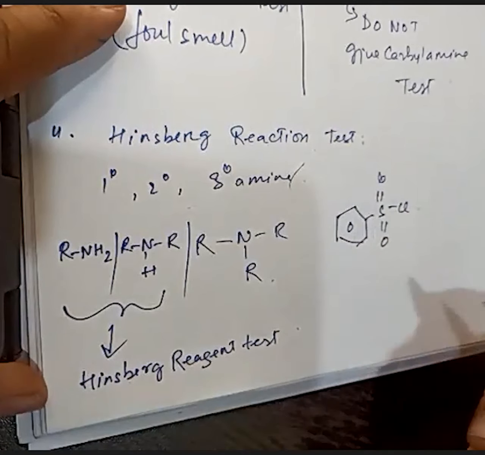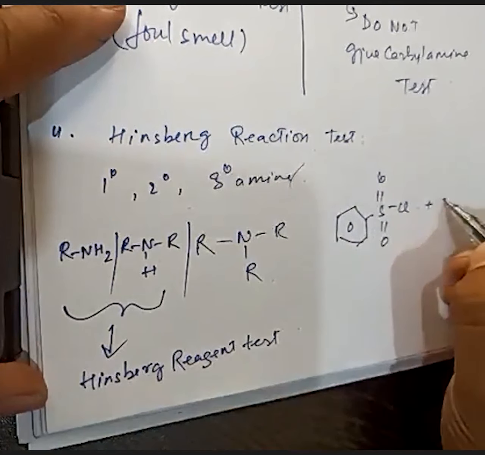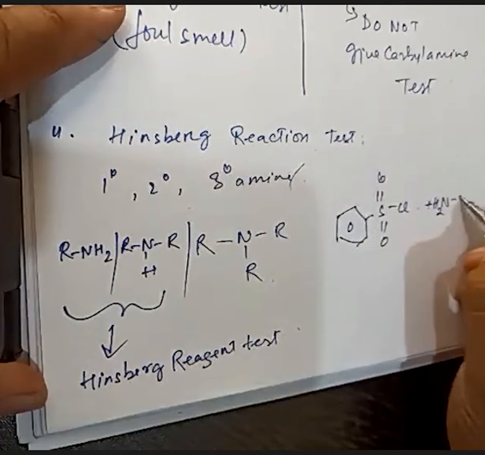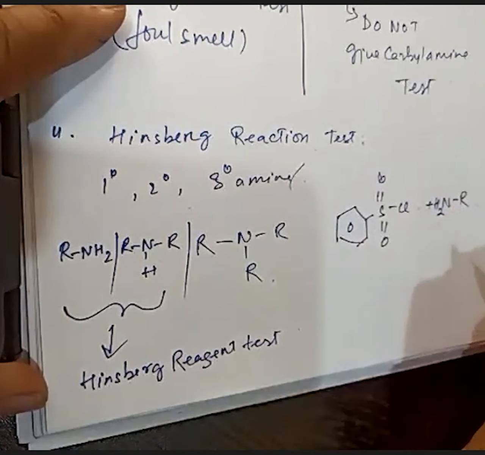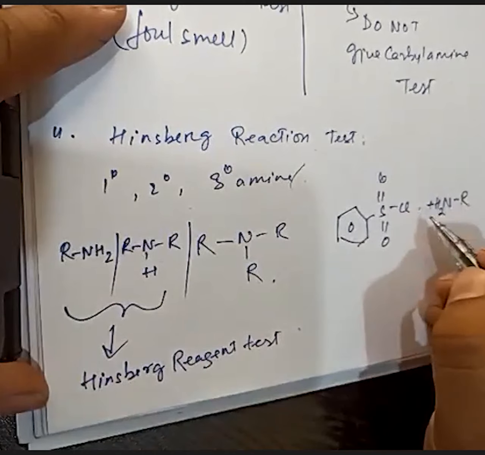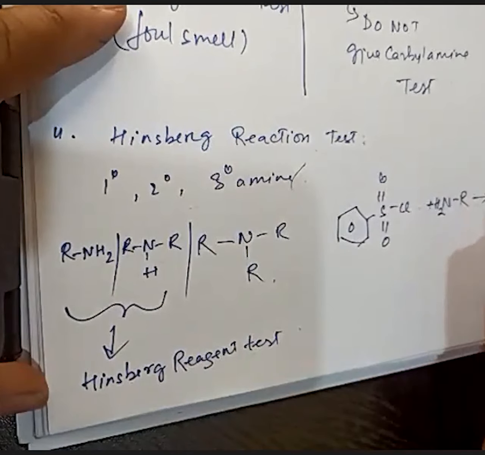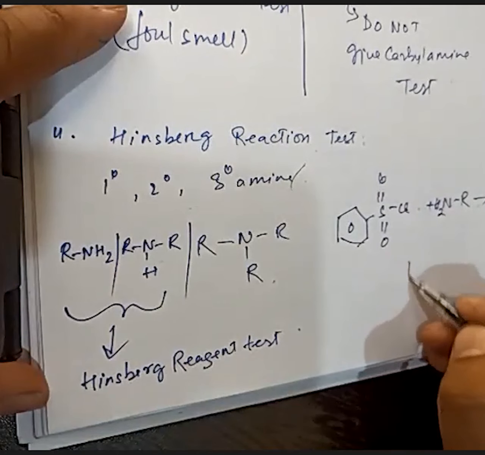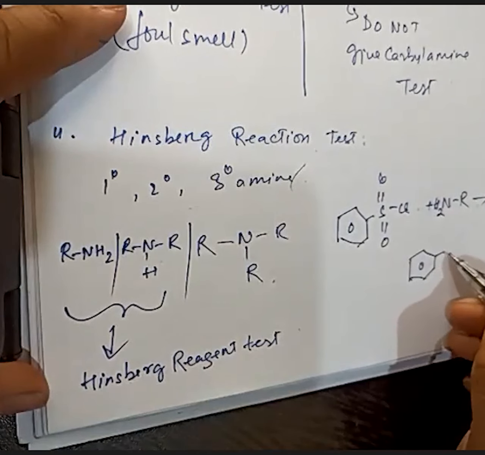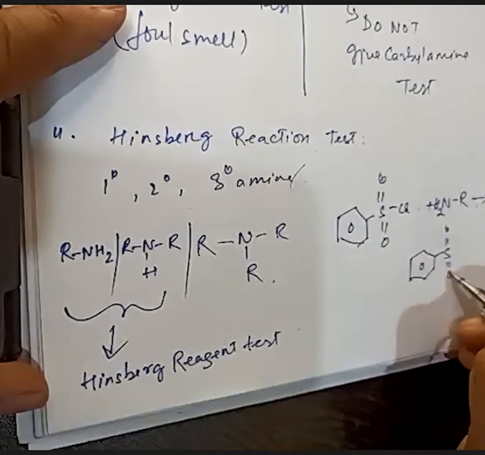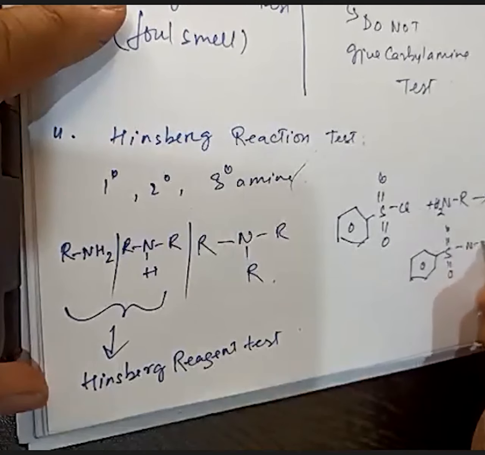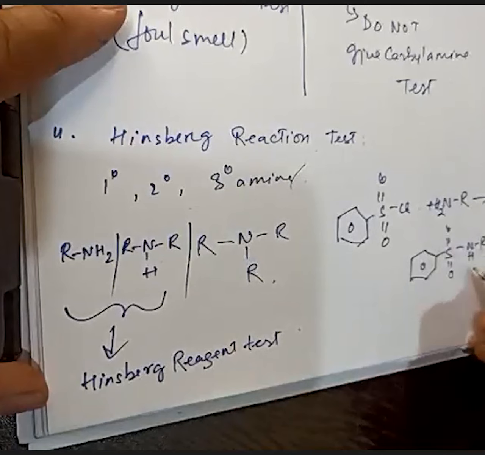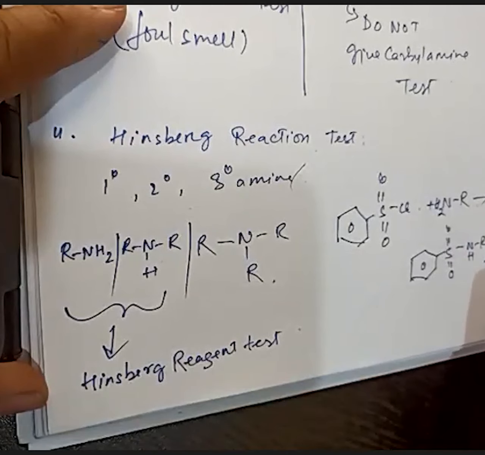When it reacts with an amine, suppose this is a primary amine, the H goes away with the Cl and it creates the sulfonamide product plus HCl.